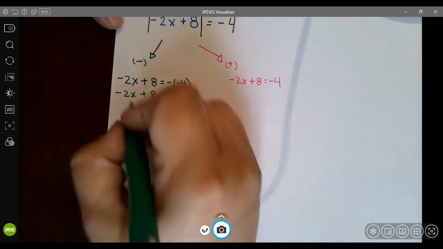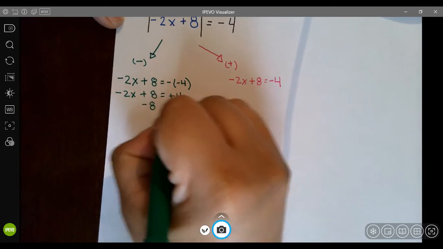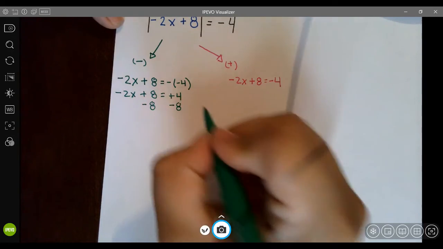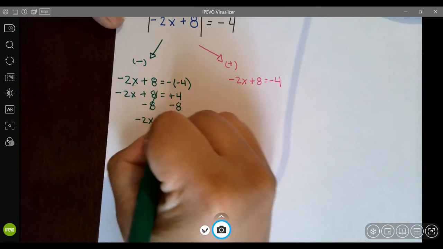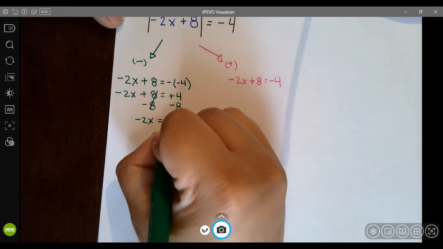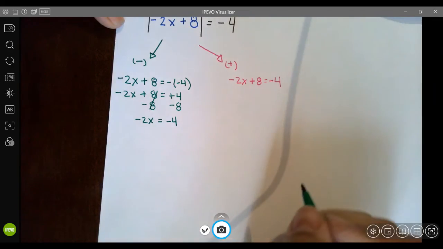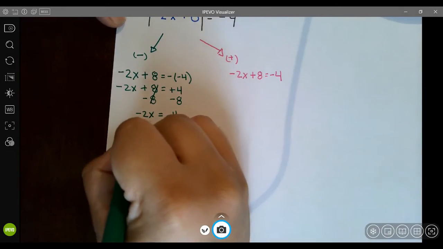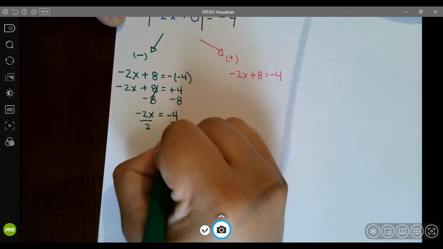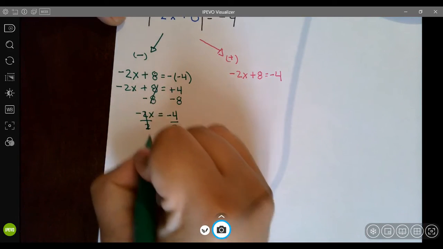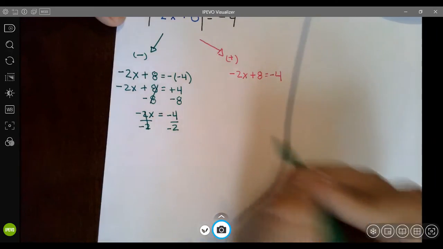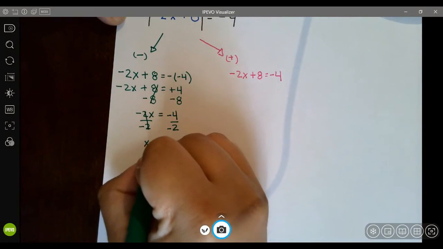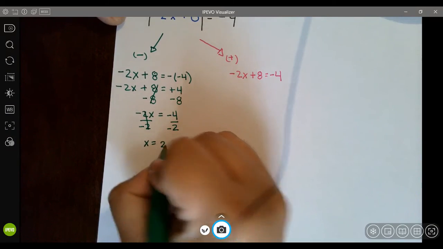Okay, so let's go ahead and solve it. Minus 8 minus 8. These are going to cancel. I'm left with 2x equals negative 4. And then I'm going to divide by 2 on each side. And this is going to give me, I'm going to divide by negative 2. This is going to give me x equals 2.